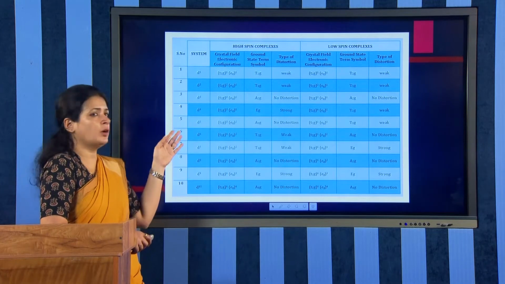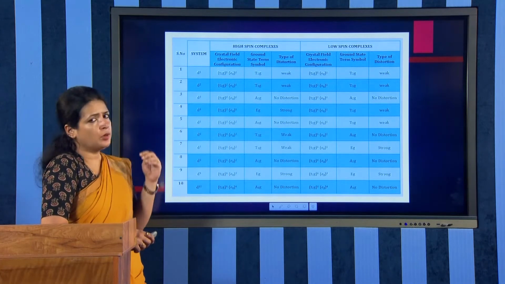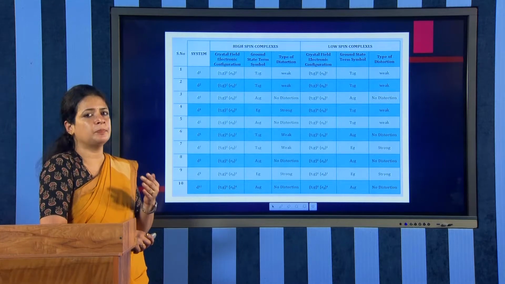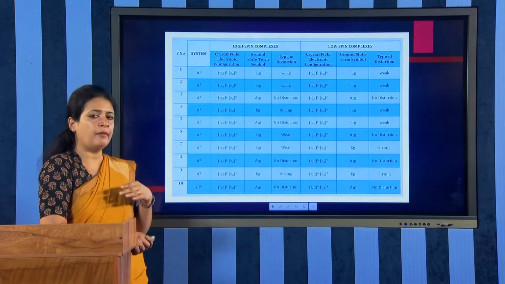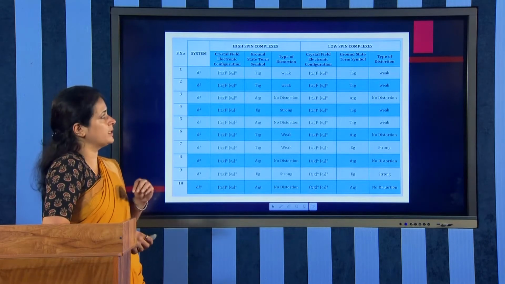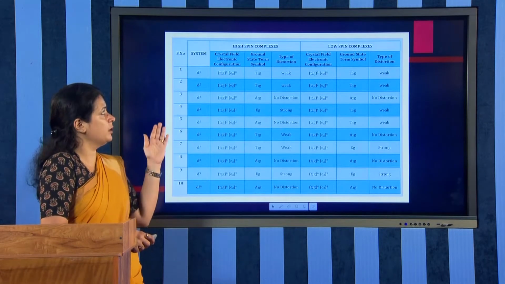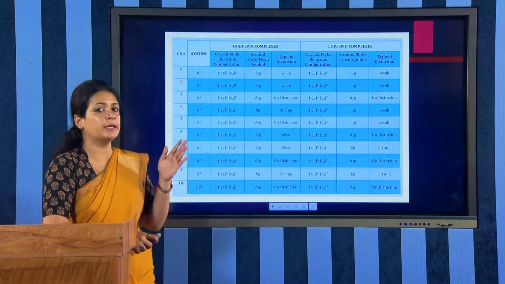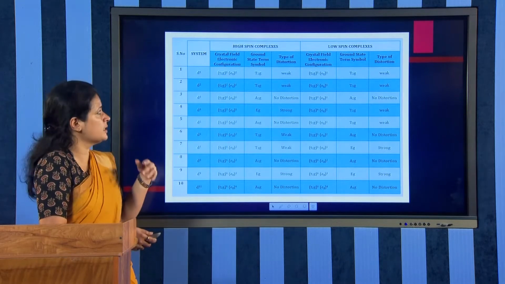That is why they are called high spin complexes. Low spin complexes have the spins paired, meaning we have the maximum number of paired electrons. All those high spin and low spin complexes were discussed in detail in the previous classes.